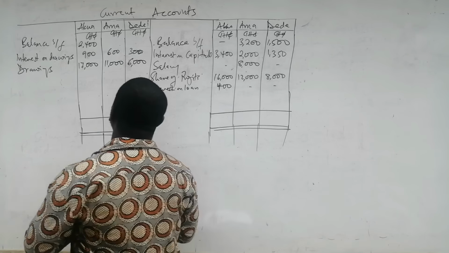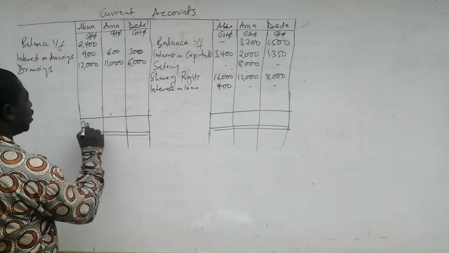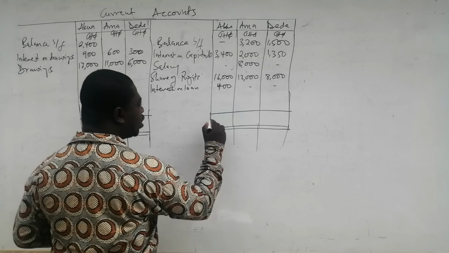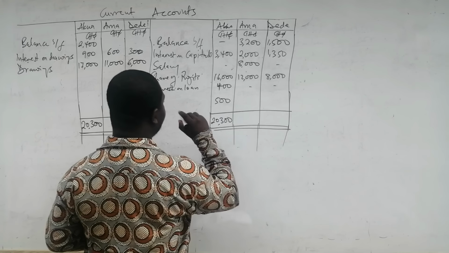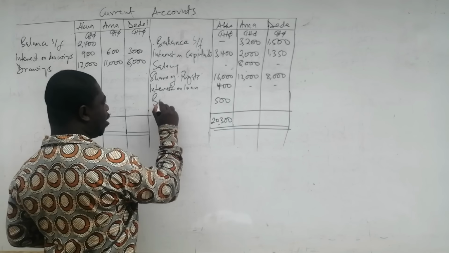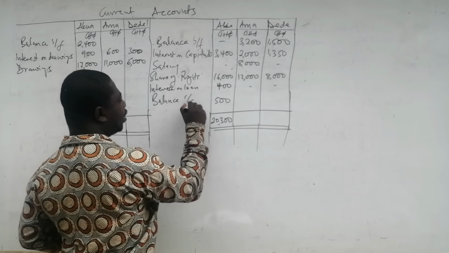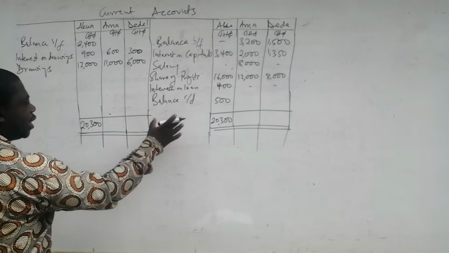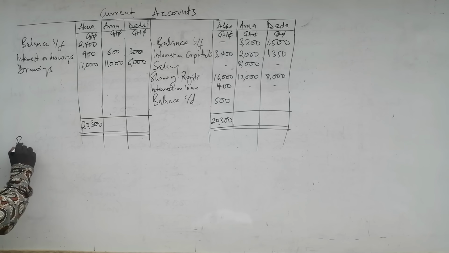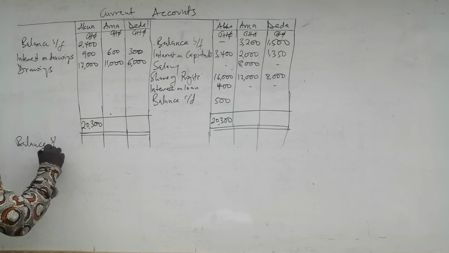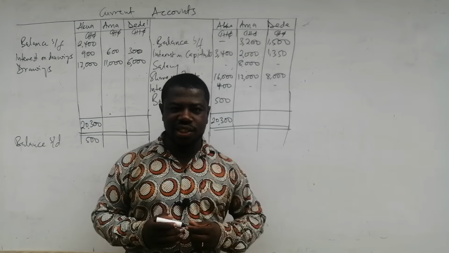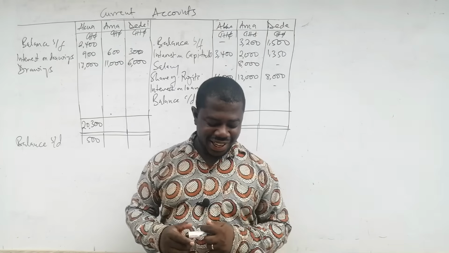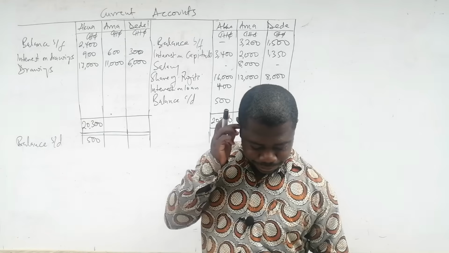And so we are going to put 20,300 at both sides. And then the difference will be 500 Ghana cedis. We call it our balance carried down. And that means that this balance carried down will appear on the debit side down here as a balance brought down of 500 for Equia.